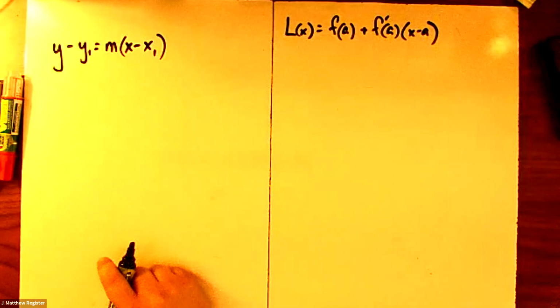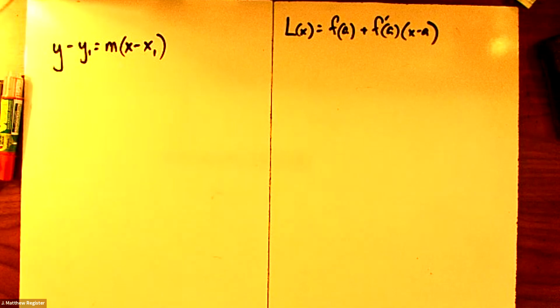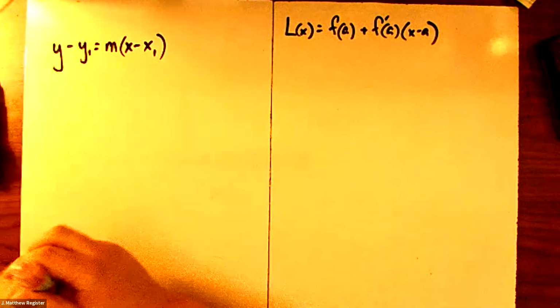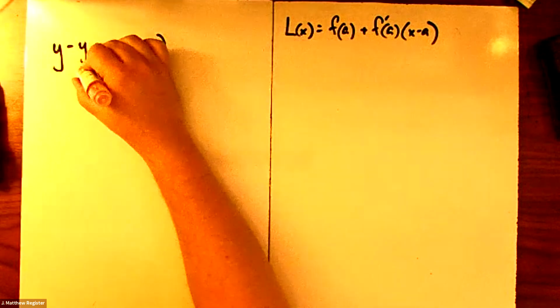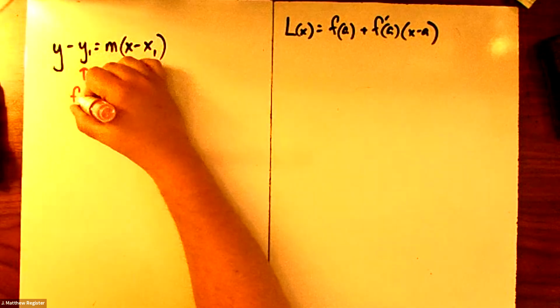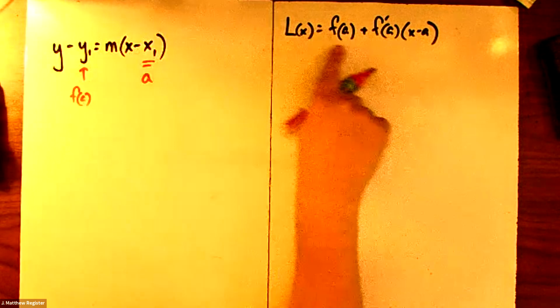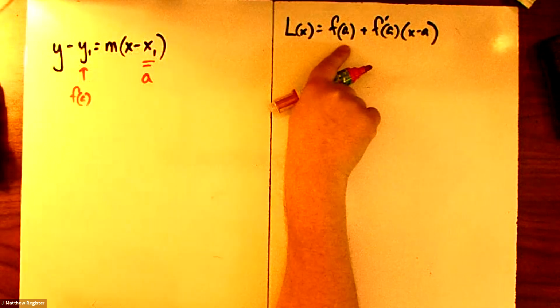Notice how similar those two are in that they are basically the exact same thing. If x1 would be our a, then y1 would be f of a, and it's just moved the f of a over to the right side.